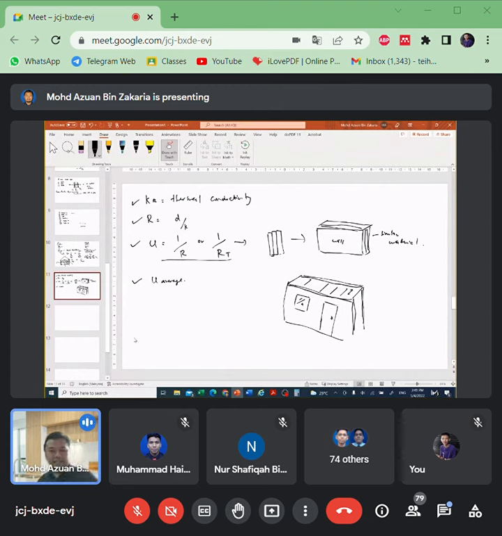Last but not least is Q, heat flow through wall. Q is K A dT over d, where dT is temperature difference. This is quite easy. You just need to remember the equation.